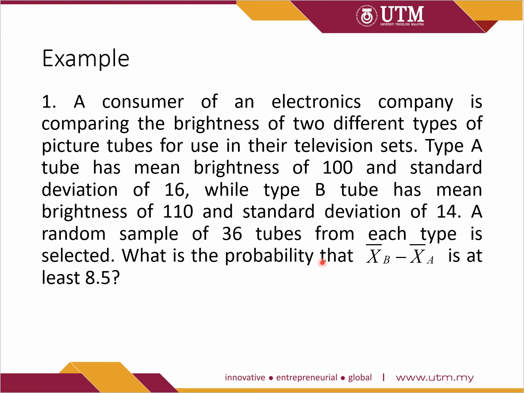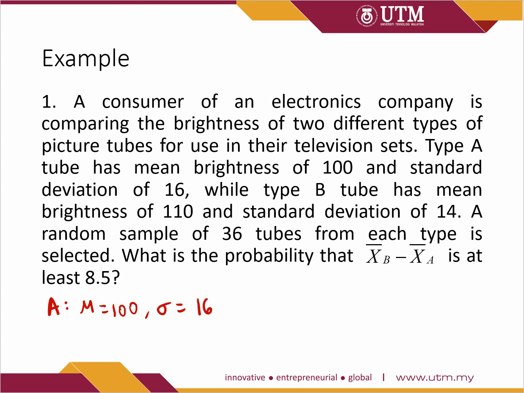So now let's try this example. A consumer of an electronics company is comparing the brightness of two different types of picture tubes for use in their television sets. So we have type A tube, which has mean brightness of 100 and standard deviation of 16.